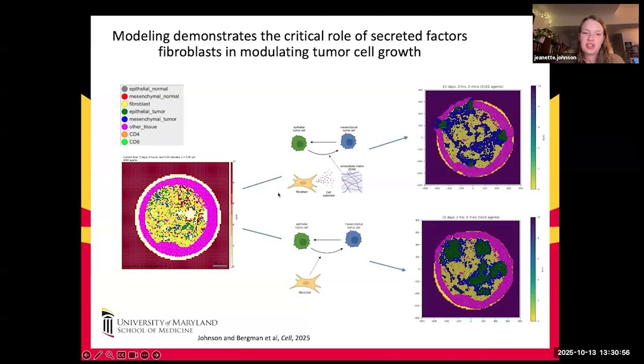Whereas with the cell contact based mechanism, that transitional zone, the blue, is only one cell thick because the only thing keeping them in that state is the contact with the fibroblasts.